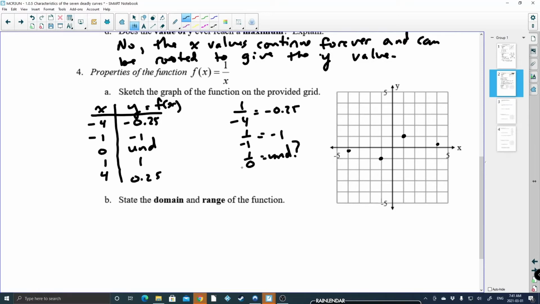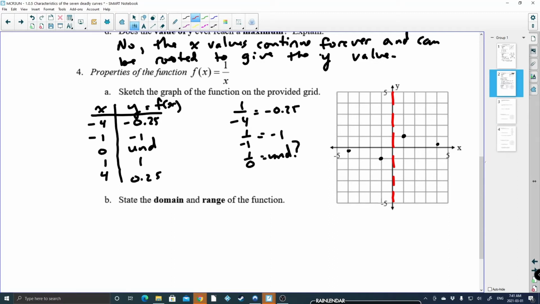So what does the 1 over 0 do? Well, you can't divide by 0. So you can't actually have any y value along the y-axis. There's no point there, so this one graph seems to be split by that line. What we're going to do is draw a dotted line, and if you can't see it because it's on top of a dark line on the paper, you can draw it just next to it.